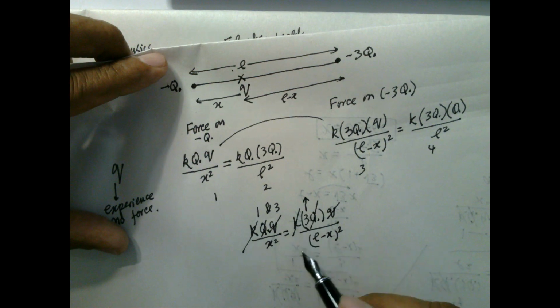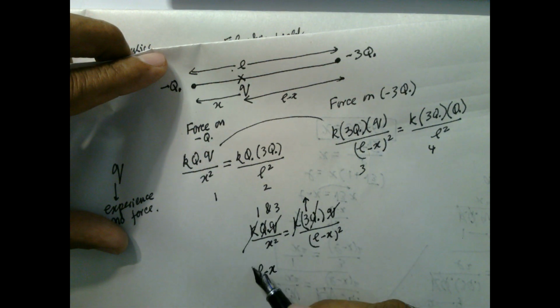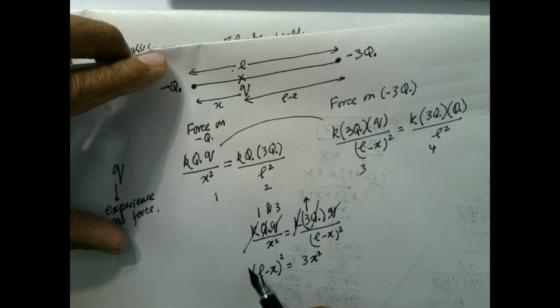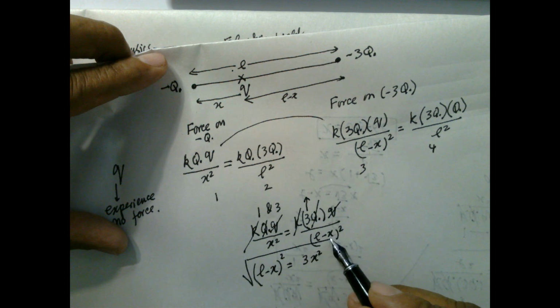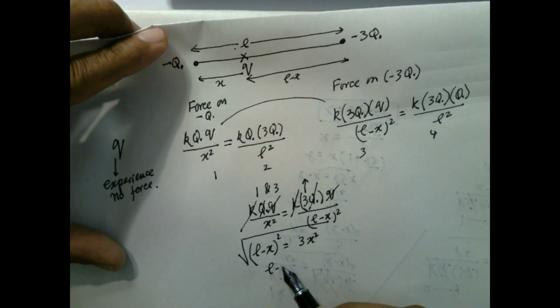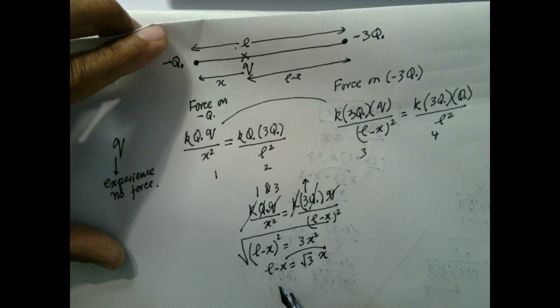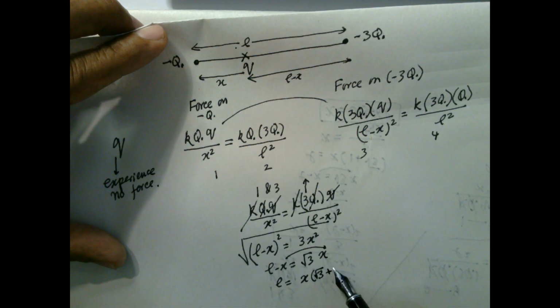So L minus x whole square is equal to 3 x square, under the square root. So L minus x is equal to square root 3 into x. This goes to this side, so L is equal to x common: square root 3 plus 1.